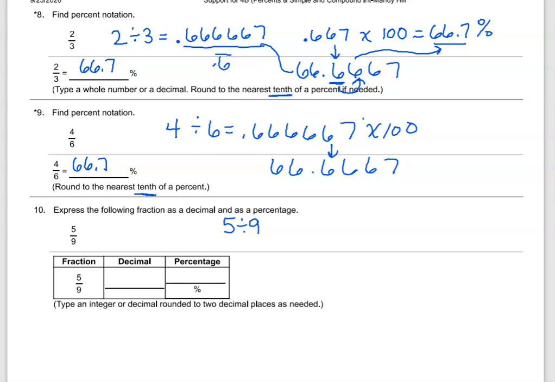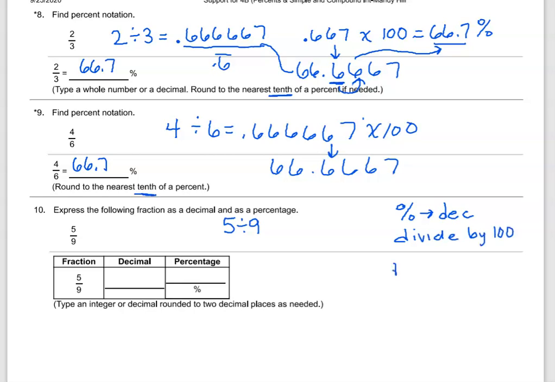If you're going from a percent to a decimal, so I'll just write that on here. If we're going from a percent and we want the decimal, we're always going to divide by 100.